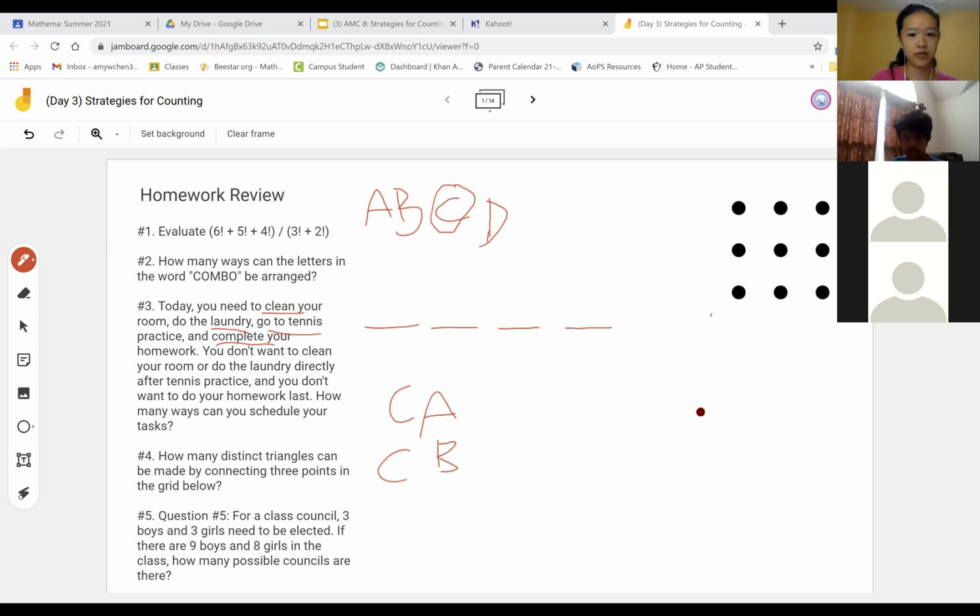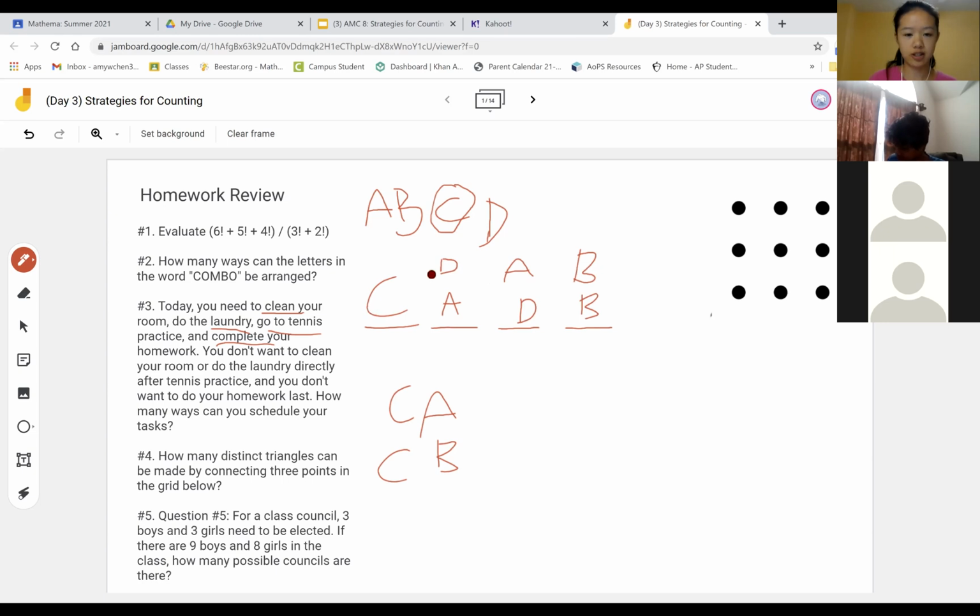Okay, so C can go into several positions, so we can consider different cases. First, we can have C in the leftmost position. If C is in the leftmost position, then A and B can be in the remaining positions in any order, and the reason being that we don't want D in the last position.